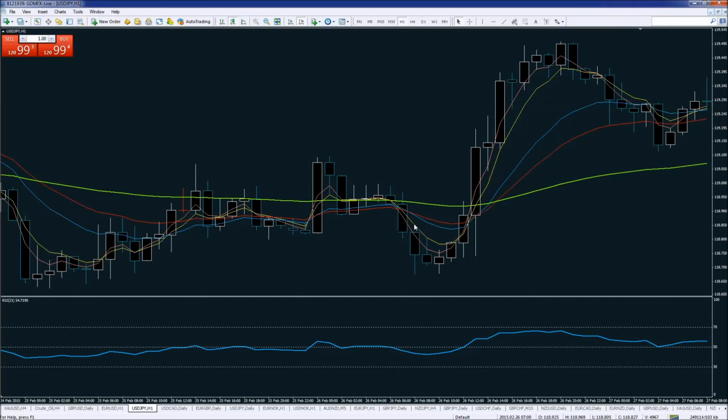So let's take some notes here. We're using the 80 period moving average, which is the green one here, to measure and identify the trend in the long term.